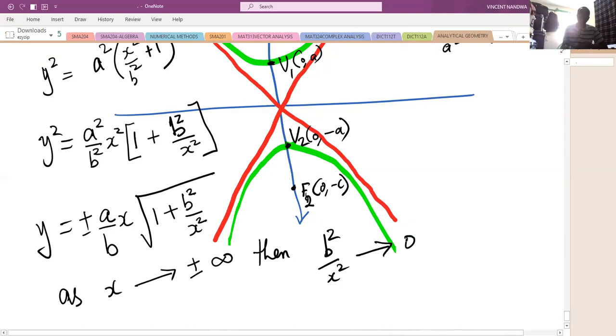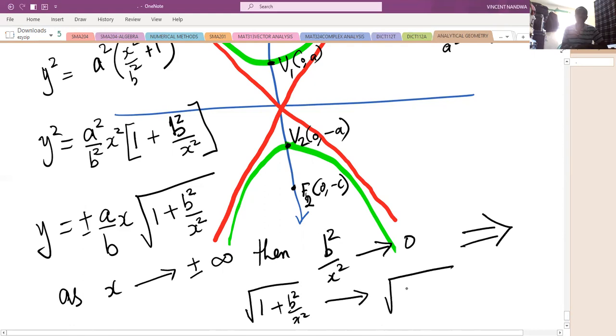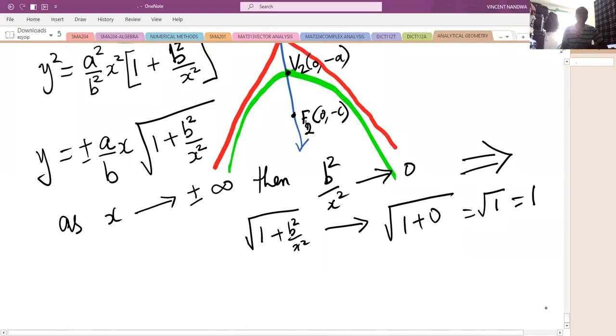Which implies that the square root of 1 plus b squared over x squared will be approaching the square root of 1 plus 0, which is the square root of 1, which is 1. So therefore, y would be plus or minus a over b x as the final answer, because this will be square root of 1 times any number, meaning the same number.